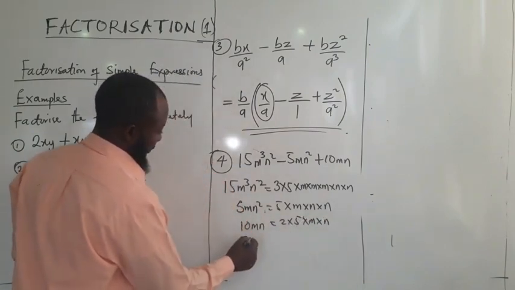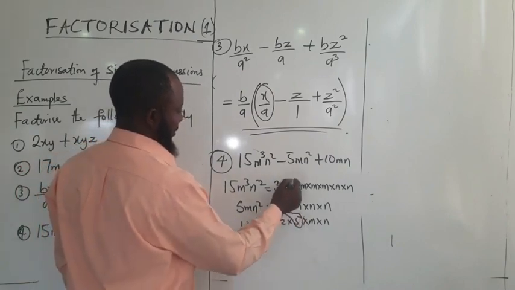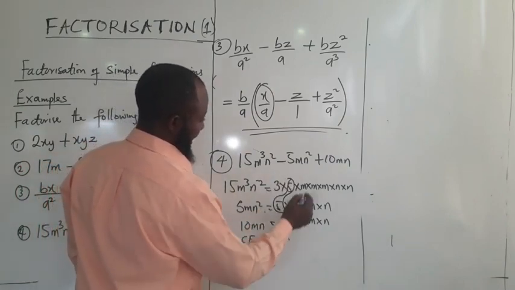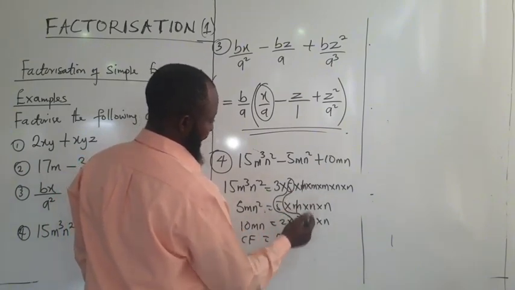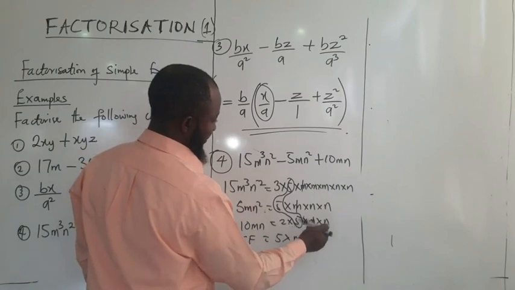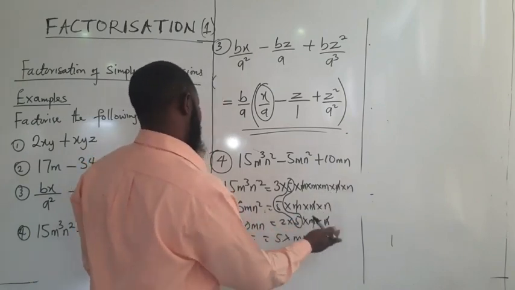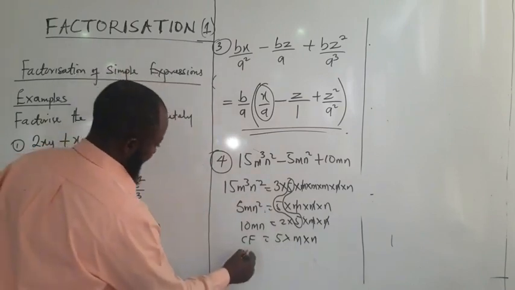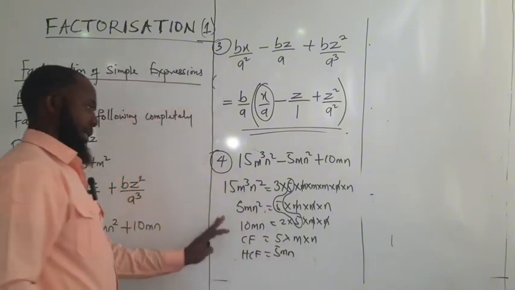So common factor now. 5 is common, right? That is 5. M is common. M. What is common? M here, you don't have M here, you don't have M here. So N is common times N. You don't have anything common again. So in that case, the HCF is equal to 5mn. That's the first part.